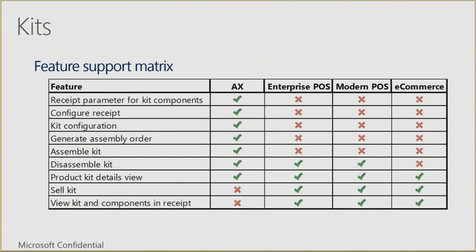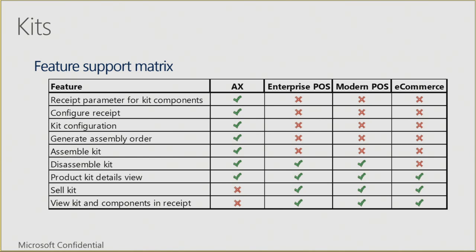We have a receipt parameter that can be configured in AX to say whether I want to include the kits and the components of the kit in the receipt or not, because some retailers would like to print that and some would not. The configuration of the receipt to include the kit and component details will be done in AX.